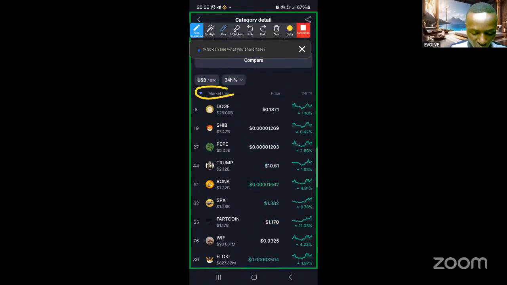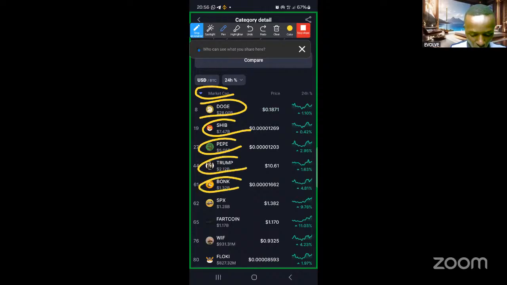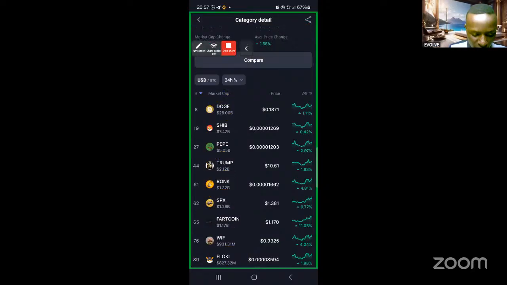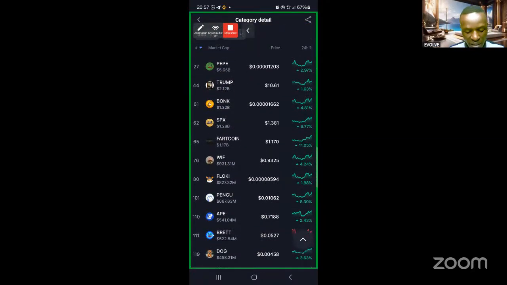They arrange them in order of market cap. The biggest is called Dogecoin. There is Shiba Inu, Pepe, Trump Coin, Bonk, SPX, Fat Coin, Hot Dog, Floki. All these are meme coins. However, as you can see, some of them have very big market caps.